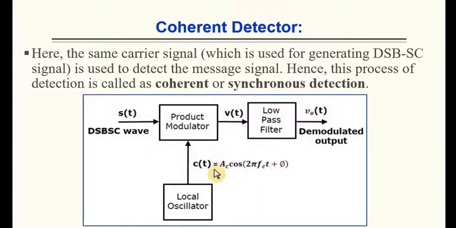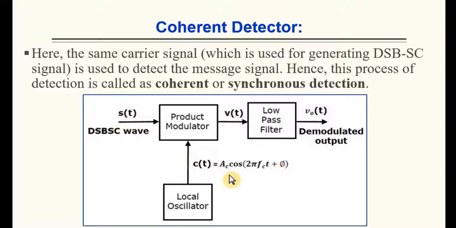As shown in this block diagram, the modulated wave, or the DSBSC, will be multiplied by the locally generated carrier signal C of t, which is equal to AC cosine 2 pi fct plus phi.